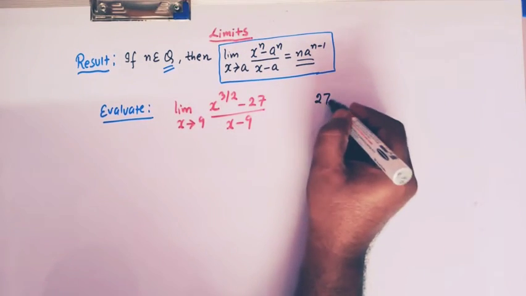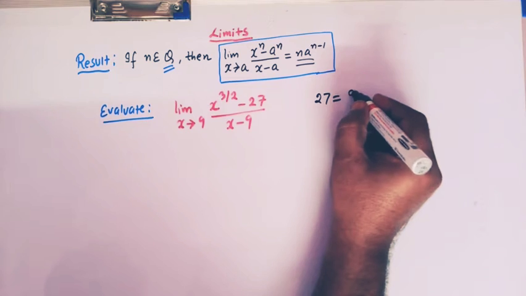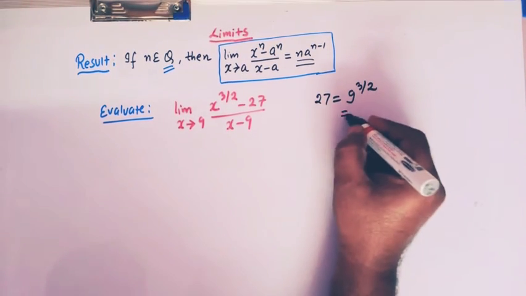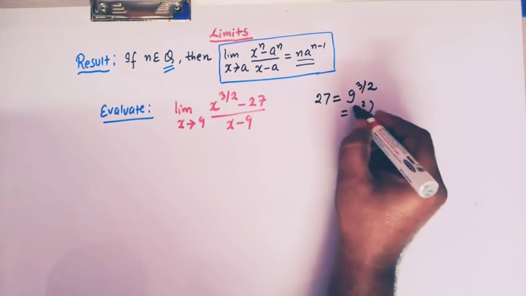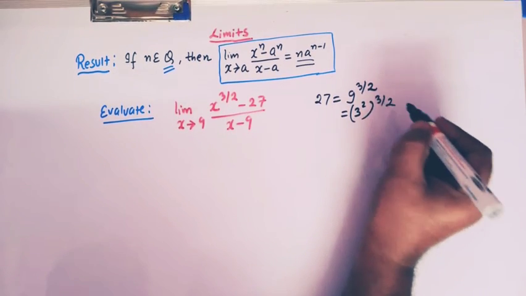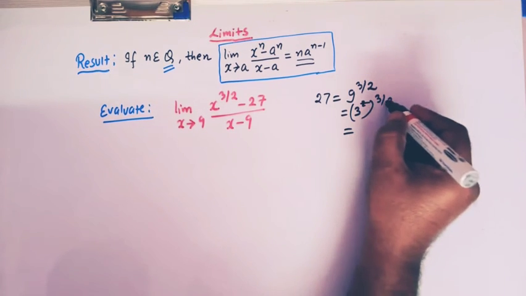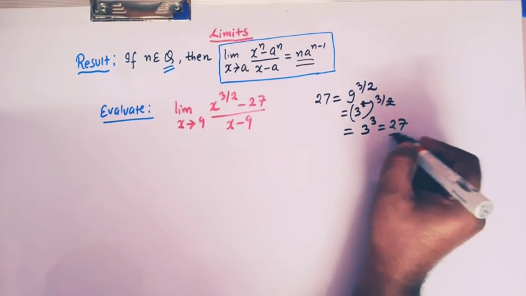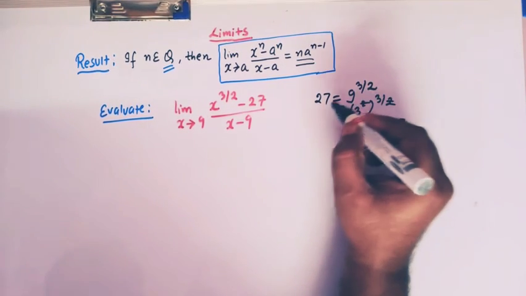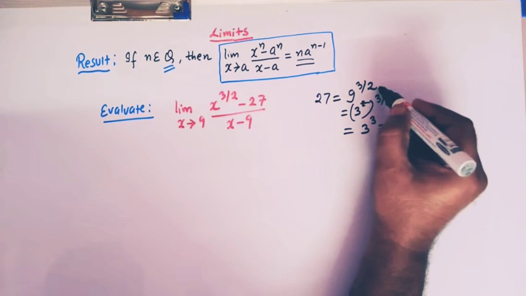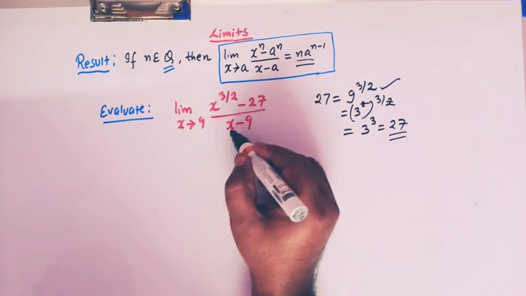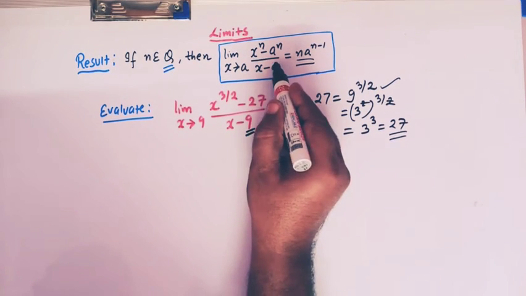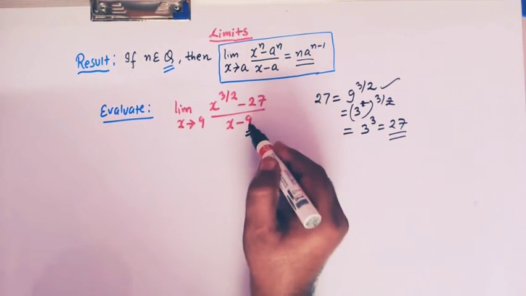We can write 27 as 9 raised to 3 by 2, because 9 can be written as 3 squared, and the 2 and 2 get cancelled, and we have 3 raised to 3, that is 27. Since here we have x minus 9, so x minus a, we can take a as 9.